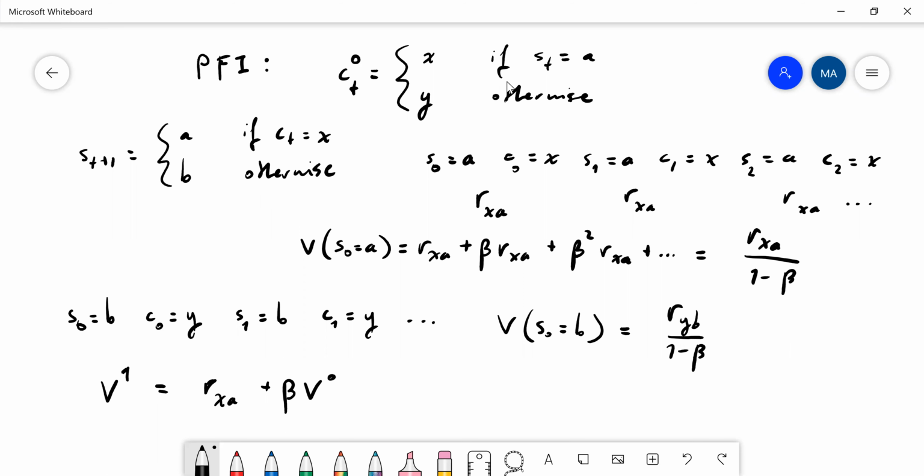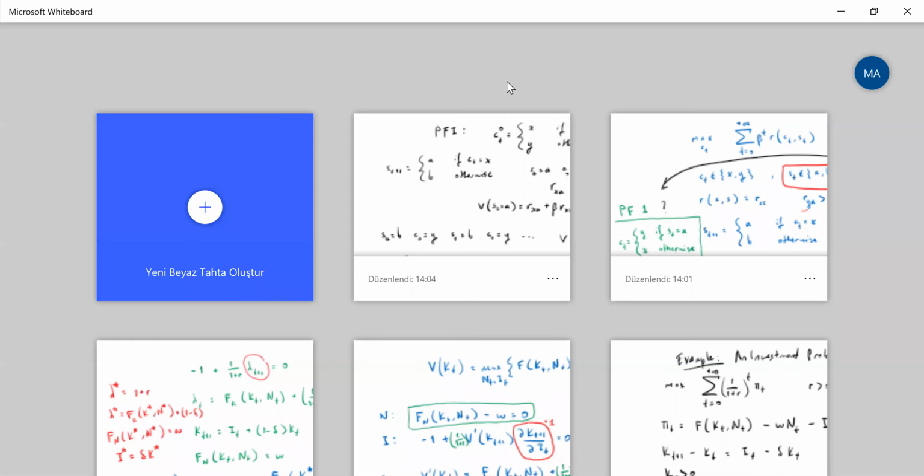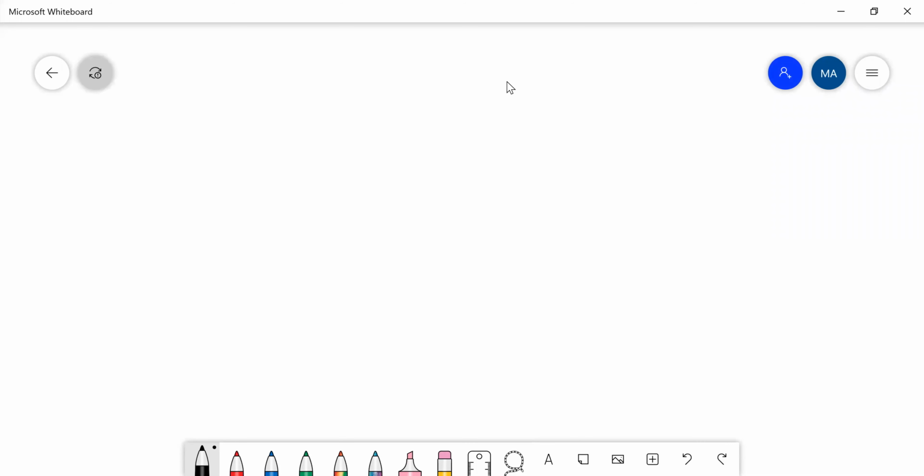Okay. So now you want to choose which policy to adapt in the second period, right? Because now you have this. So in the second period, you want to find a policy function that maximizes that, right?